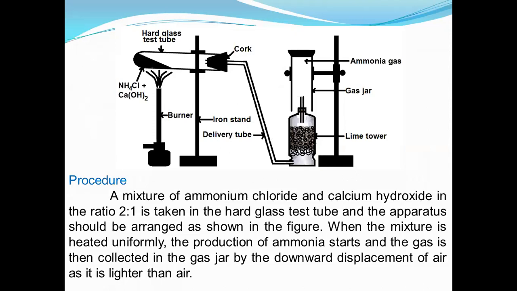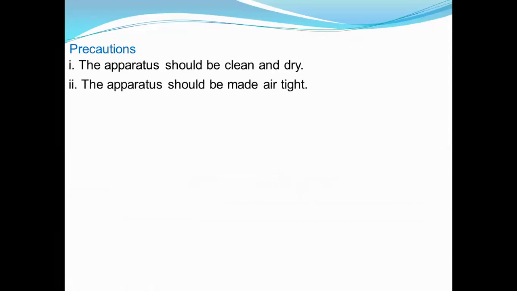After that, we require the precautions. As usual, the apparatus should be clean and dry. Not only that, the apparatus should be made airtight, otherwise gas will move outside. Heat should be supplied uniformly. Uniform heat does not allow the hard glass test tube to crack.